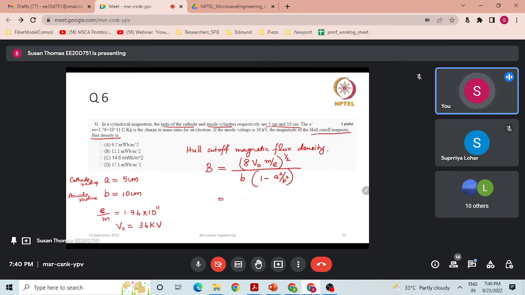You know V naught is the anode voltage, you know the e by m ratio, and b and a are the radius of the anode and cathode respectively.